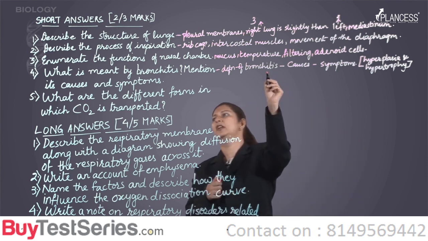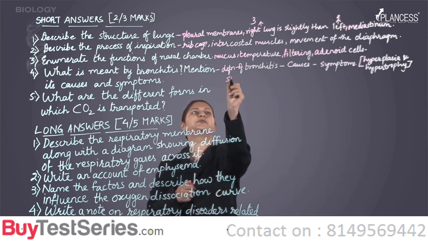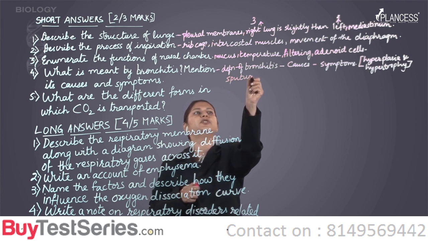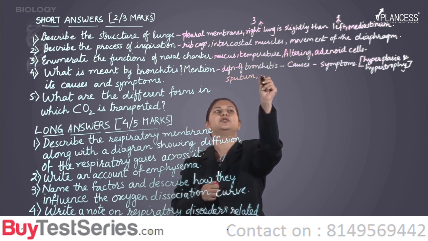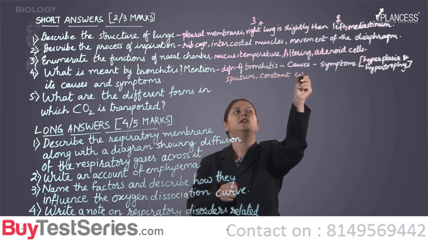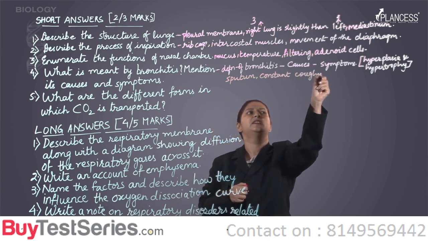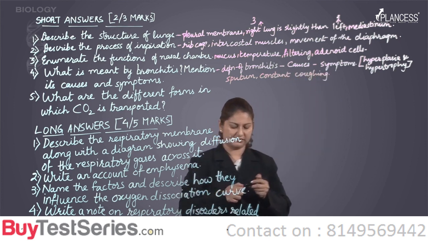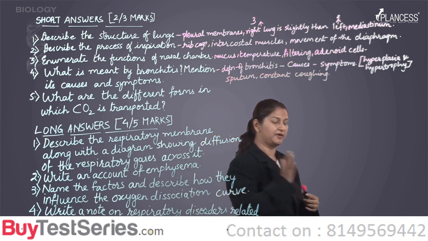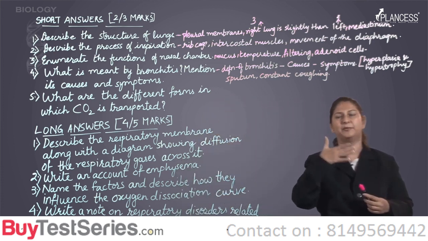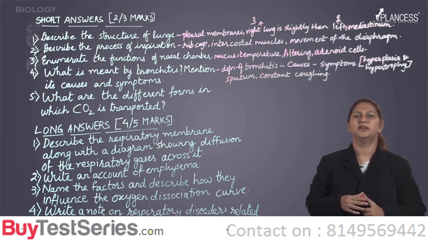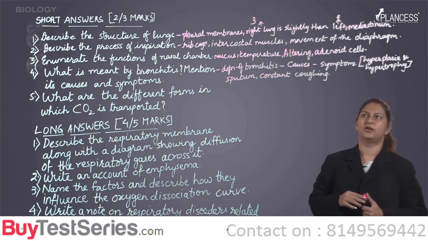For symptoms you will have to mention the sputum being yellowish or greenish in color. You can talk about the persistent coughing that occurs in case of bronchitis, dry cough-like attacks that happen when a person is affected by bronchitis.